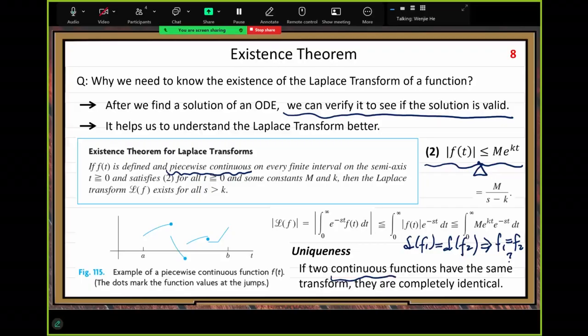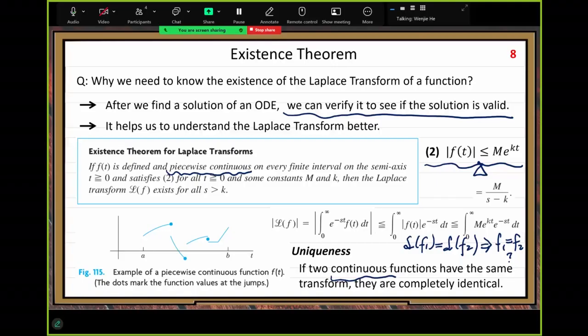If you use piecewise, then f1 equals f2 except at a finite number of discontinuity points. In that situation, f1 equals f2 other than finitely many discontinuity points, and people call these two functions essentially the same.